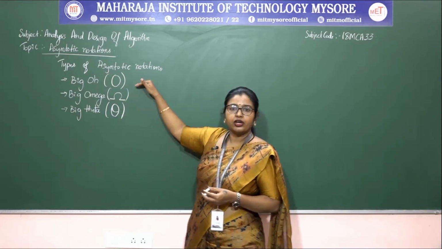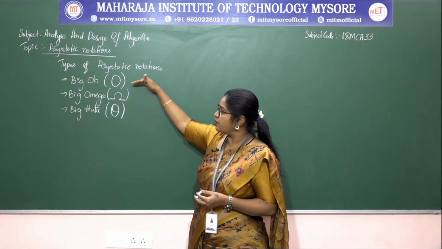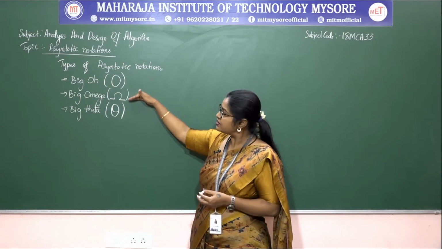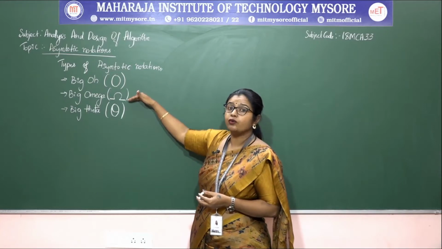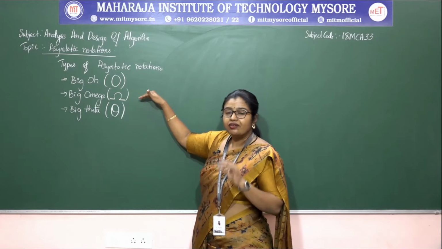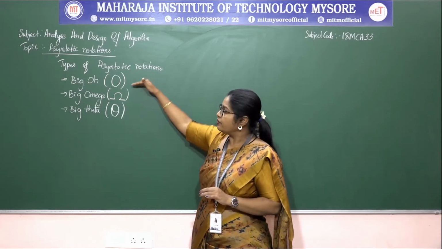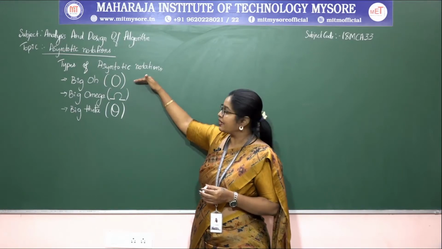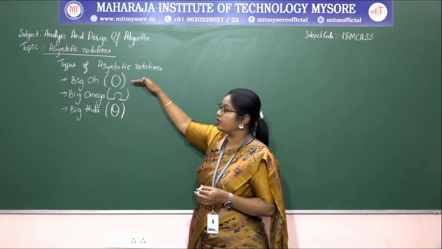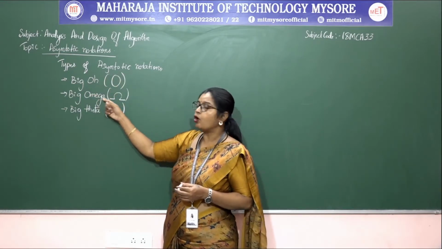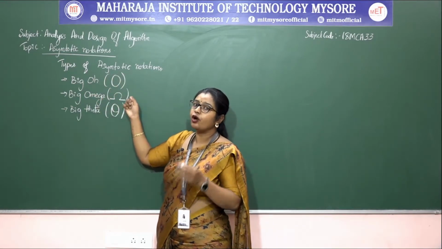If you are talking in terms of worst case, this represents the upper bound of the algorithm and this represents the lower bound of the algorithm. As the name itself is indicating, informally I am telling: if the algorithm efficiency grows worst, by that time the upper bound is going to be represented using big O notation, and big omega is going to be represented for the lower bound.